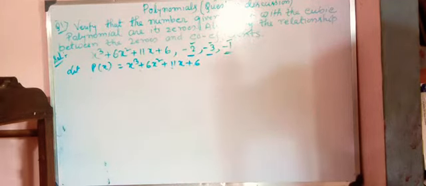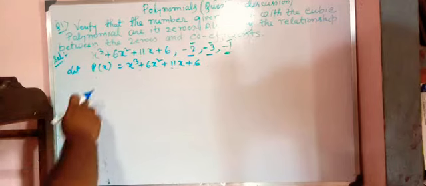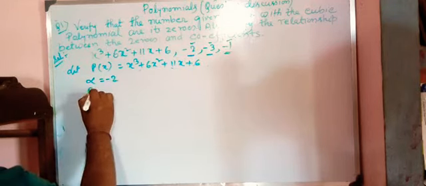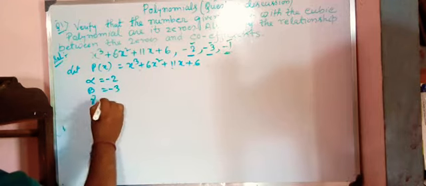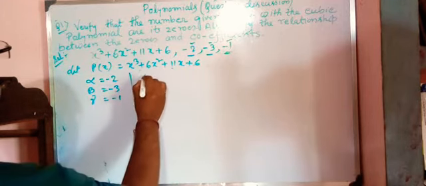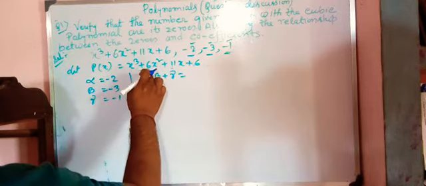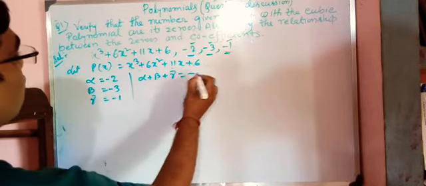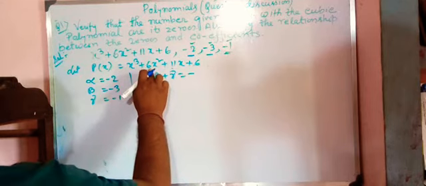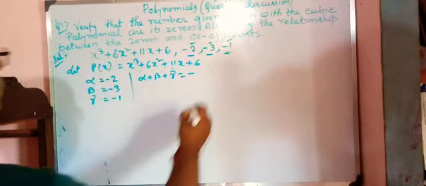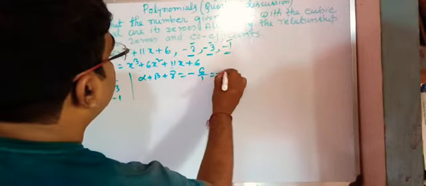Next, come to the verification. Now here three zeros are given. Suppose we take alpha equal to -2, beta equal to -3 and gamma equal to -1. So alpha plus beta plus gamma is equal to what? Minus coefficient of x square divided by coefficient of x cube, that means -6 by 1, that means -6.